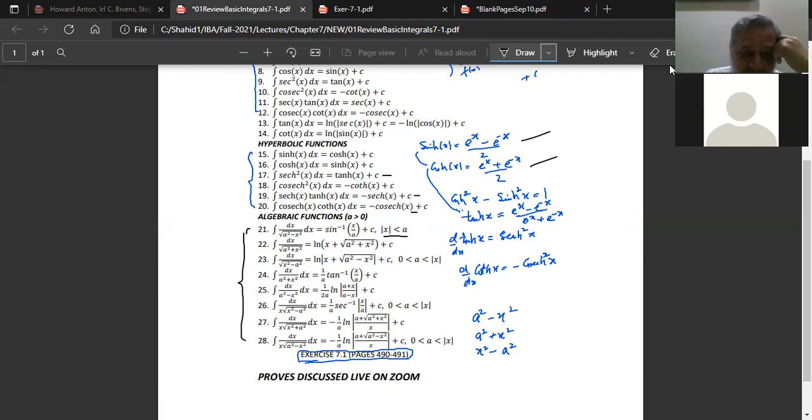Now, the proof of this I have done, and for the proof of this, I suggest that you make the substitution x is equal to a tangent theta and do it yourself. Number 24. Number 26, I suggest that you substitute x is equal to a secant theta and do it yourself.